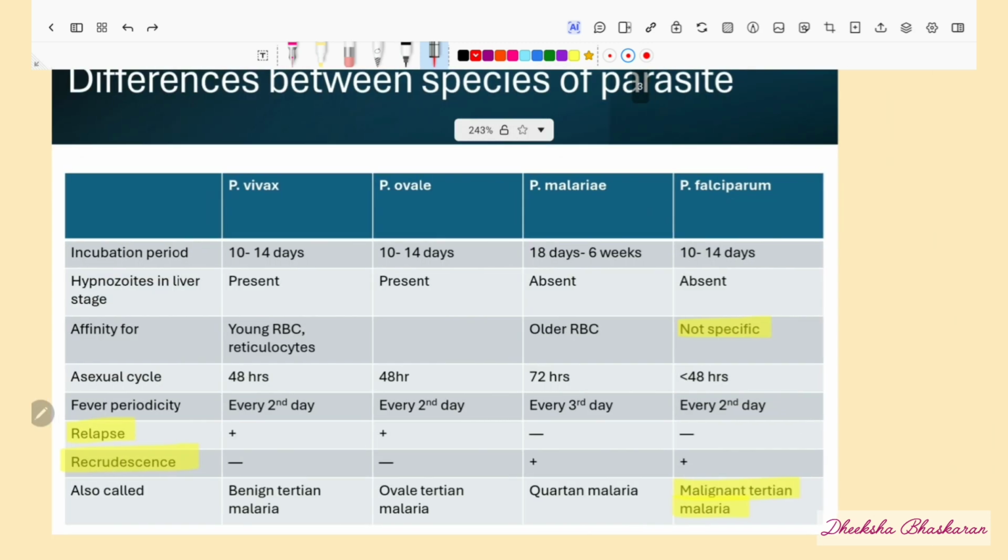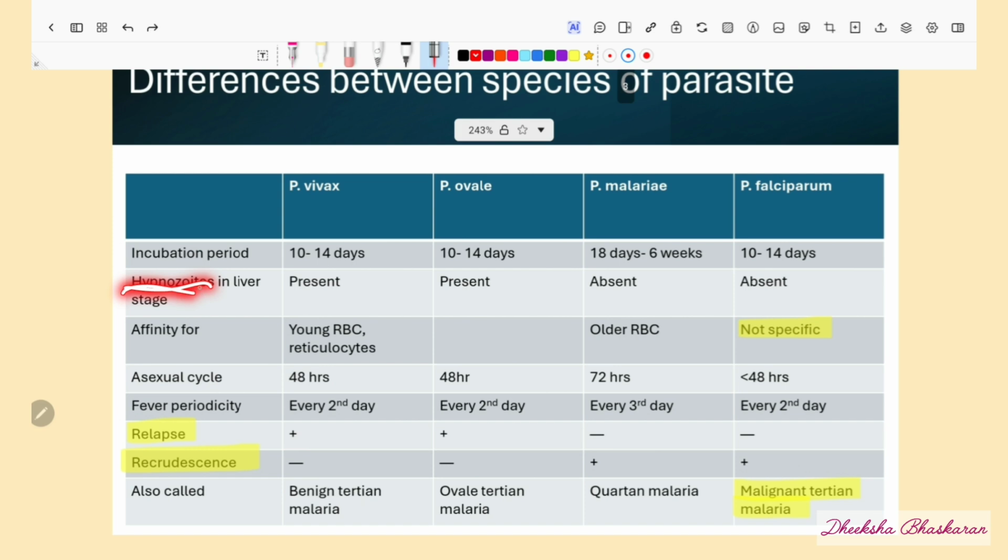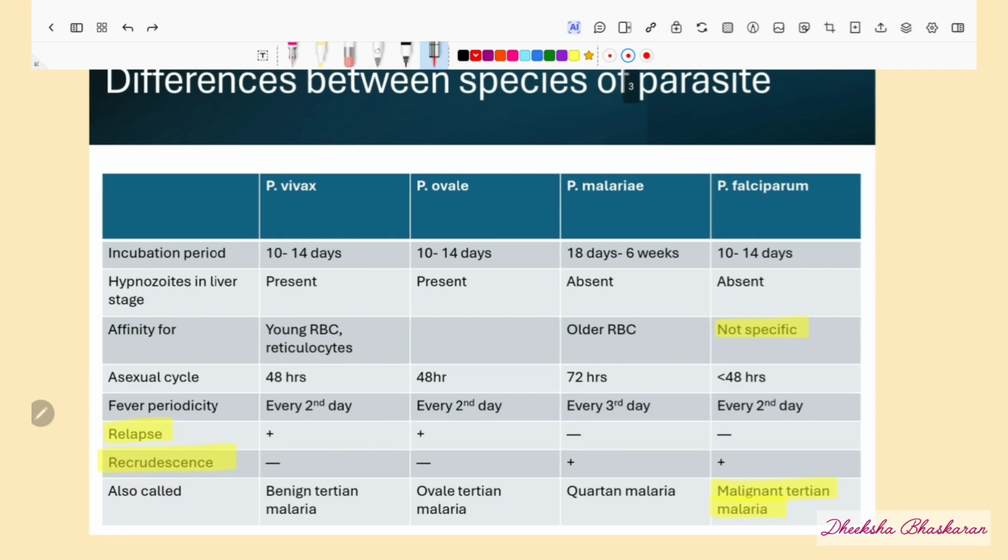And then relapse because of the hypnozoites is present in Plasmodium vivax and Plasmodium ovale. Recrudescence we saw is a feature of inadequate treatment, especially in Plasmodium falciparum. These diseases are also called by these names. You need to remember malignant tertian malaria in Plasmodium falciparum, malignant because it's very severe.